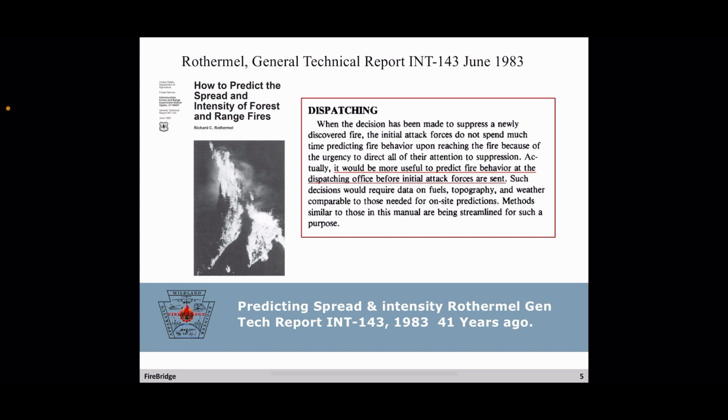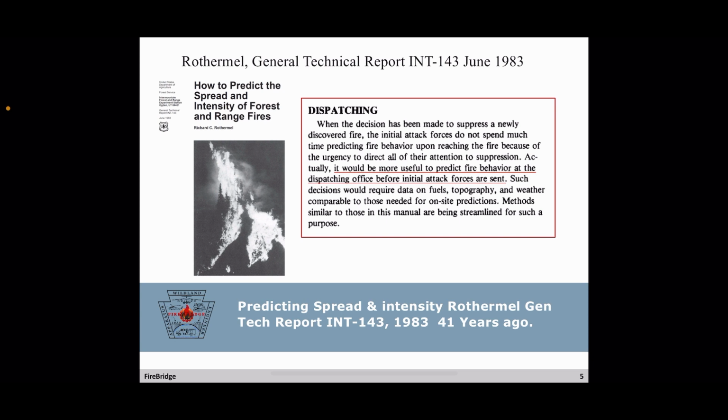All one needs to do is gather up the variables for the inputs, and he lists what they are, and we're going to go over that, and just plug them in where he tells you to, and then you will have the same success or reasonable rate of success as he or anybody else would at determining rates of spread and intensity.